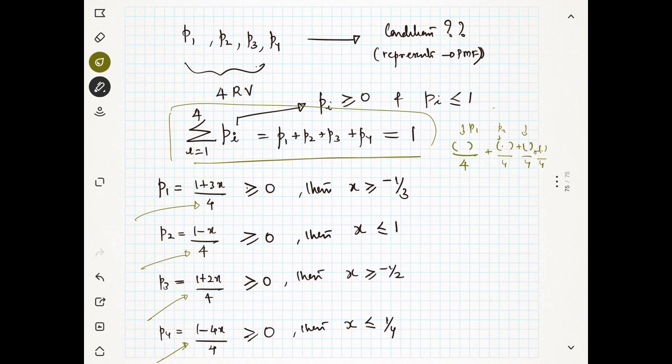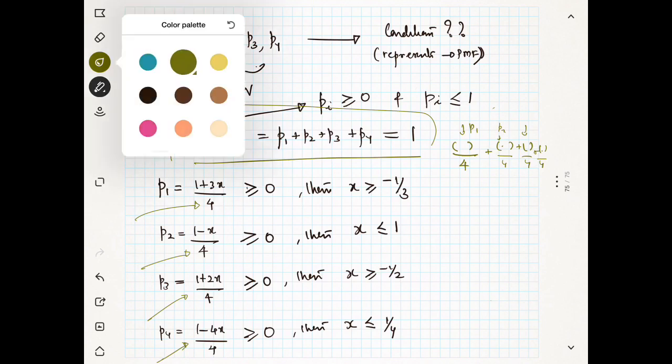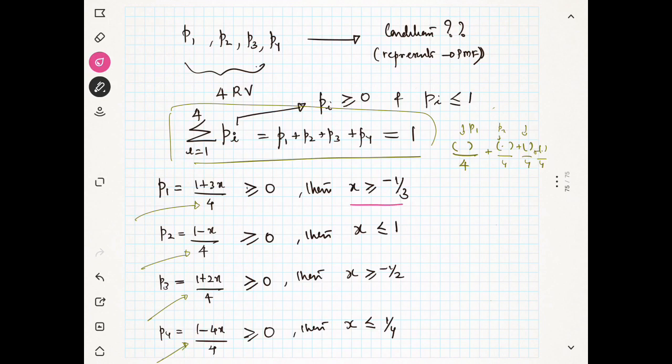So what will be the possible value of x? You see here we have some conditions from above. That means x should be greater than minus 1 by 3, x should be less than 1, x should be greater than minus 1 by 2, and x should be less than 1 by 4.